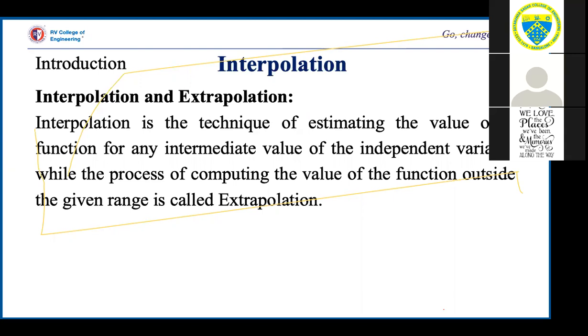You just give the value of x, you will get back the value of y. But when you don't know the relation and you have only the tabulated values, the process of computing a value of y corresponding to some x which is not present in the table is called interpolation. If that is outside the given range, it is called extrapolation.